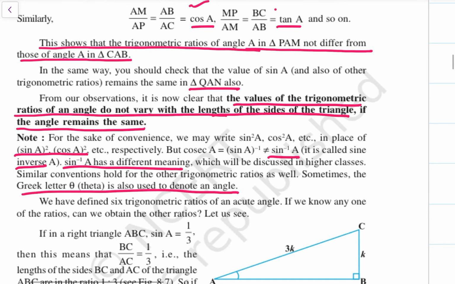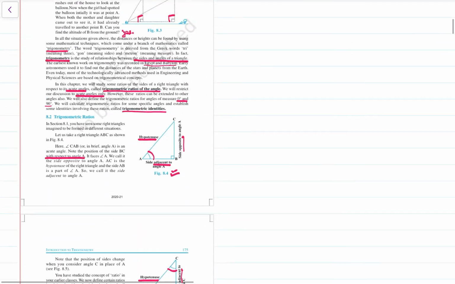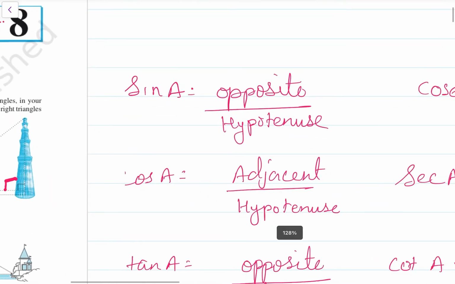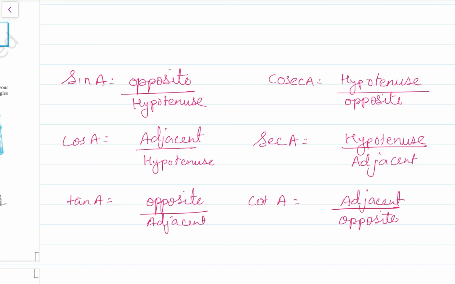This is what we understood about the basics of trigonometry, that we have 6 trigonometric ratios: sine, cos, tan, cosec, sec and cot, and what the relations are between the sides and the angles.